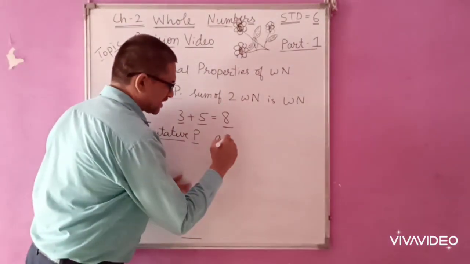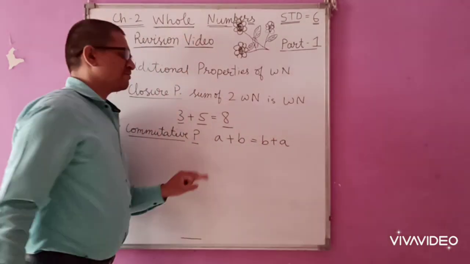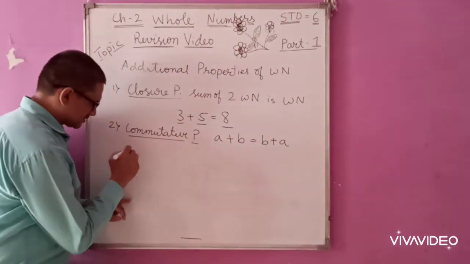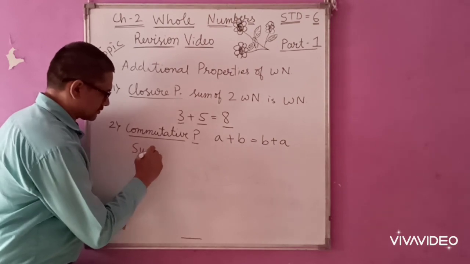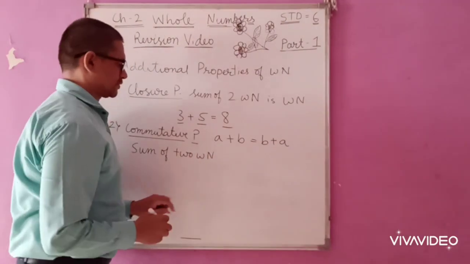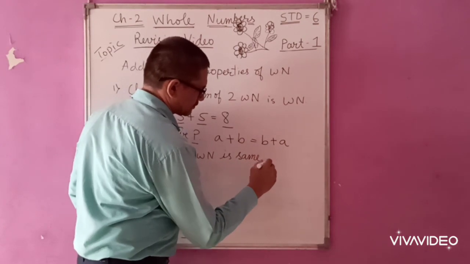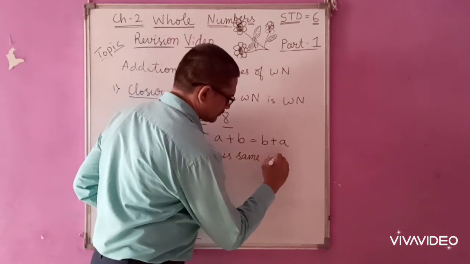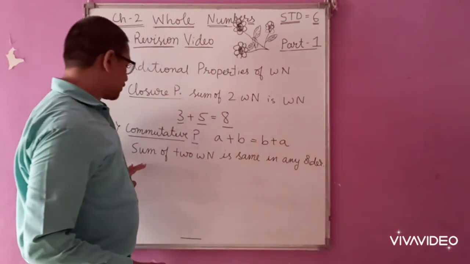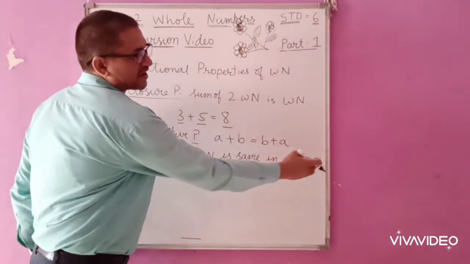For example, A plus B is equal to B plus A. Means when you interchange the numbers, the sum of two whole numbers is the same in any order.